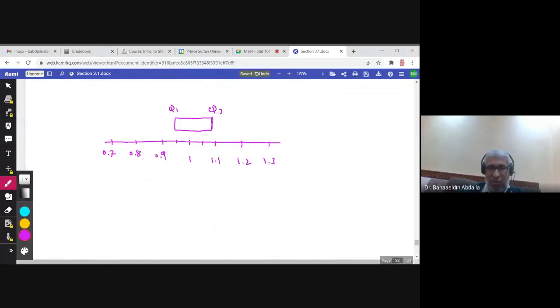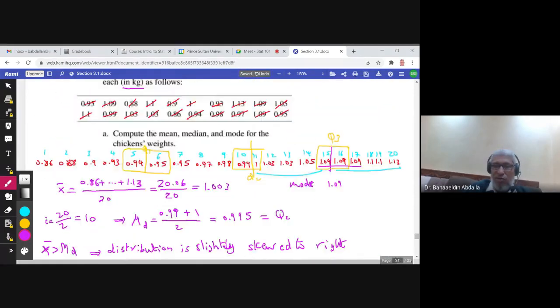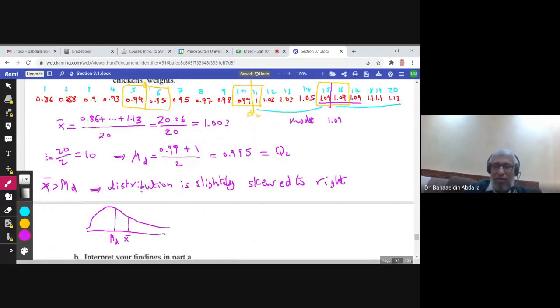This is 1, 0.995 is here. So this is the median. It's to the left. So the shape of the distribution is skewed to the right because the median is to the left. Okay, so if the median goes to the left, the distribution is skewed to the right, and this is what we got also when we compared the mean and the median.